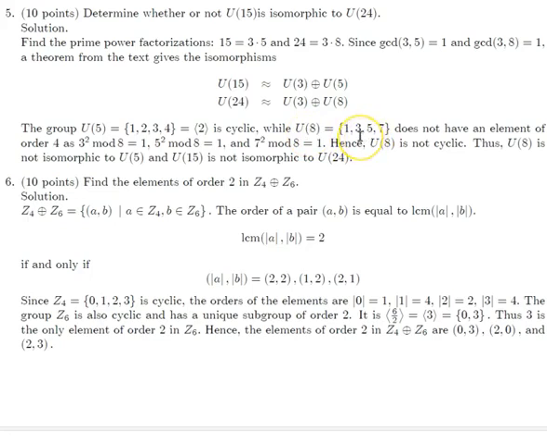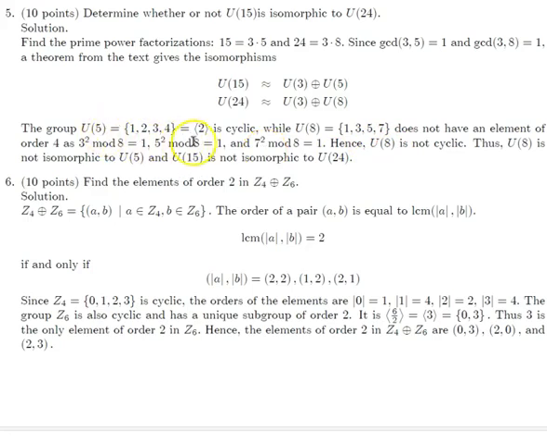So the order of 3 is 2. Similarly, 5 squared is 1 in this group, and 7 squared is 1. That is, 3, 5, and 7 each have order 2. This shows that U8 is not cyclic.